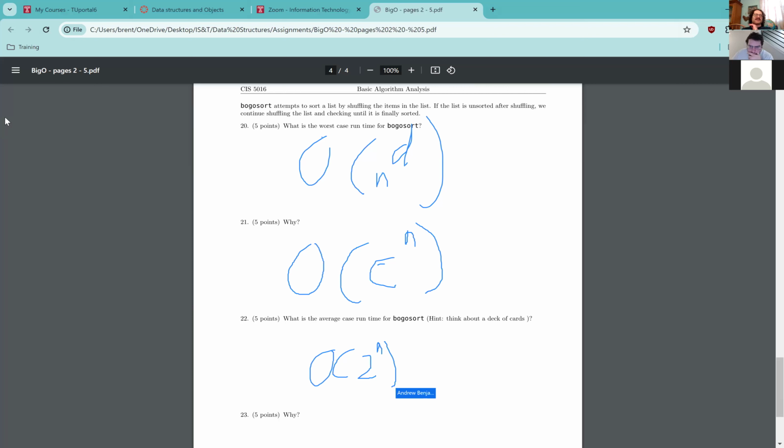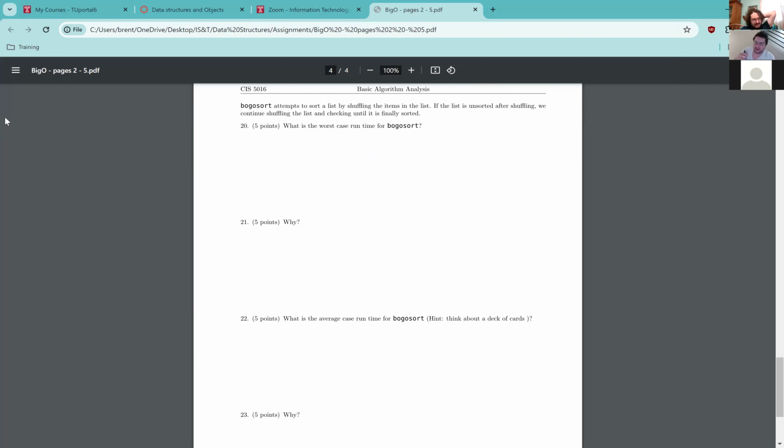That means your workload doubles for every extra item you have. But there's a worse runtime even beyond that, and that's what BOGO sort is. So it's worse than doubling every time. Worse than doubling every time.